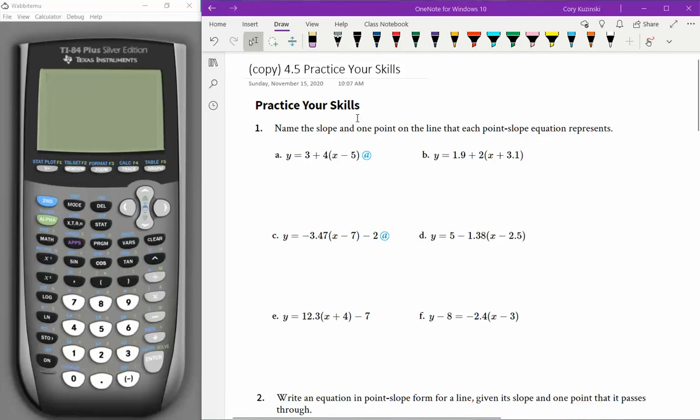I'm going to take you through 4.5 practice your skills, namely point slope form today. Here we go. Name the slope and 1 point on the line that each point slope equation represents. Okay, slope. Let's start there. So the slope would be these numbers that are being multiplied in front of the parentheses.